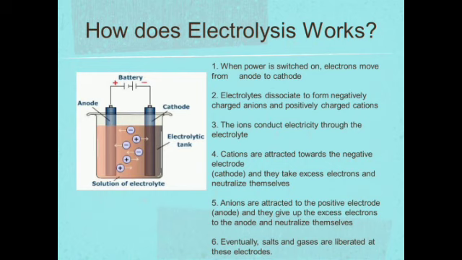So you see that OH minus and SO4 2 minus will remain there. But when you are using an anode of carbon or platinum, H plus and SO4 2 minus remained.